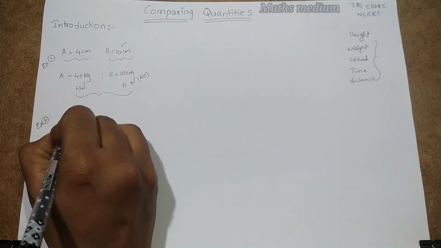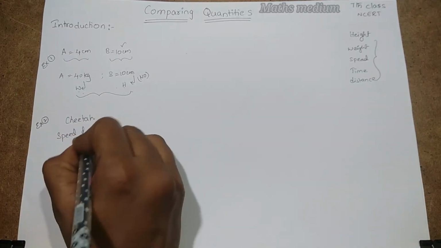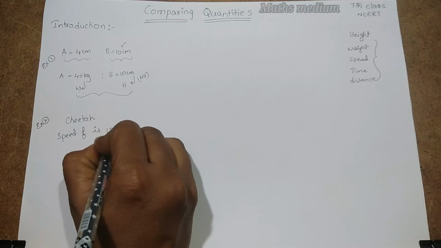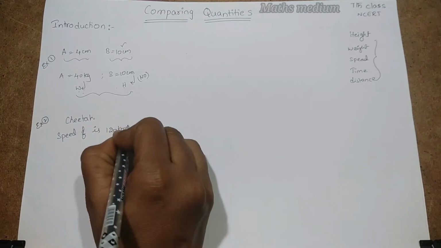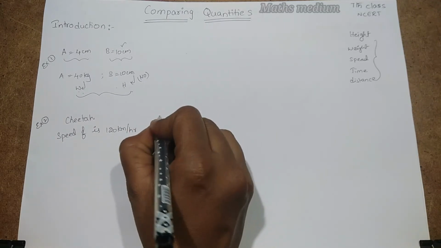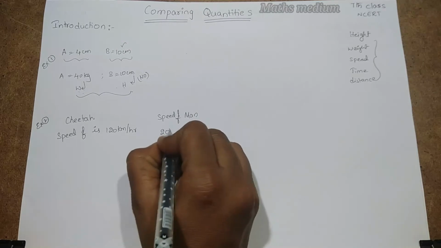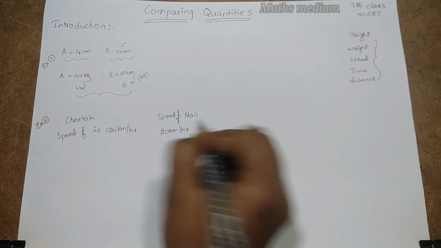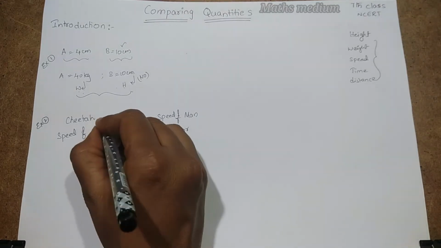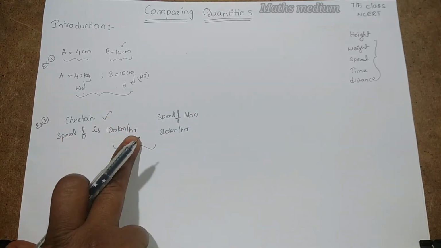You know the cheetah, right? For example, the speed of the cheetah is 120 kilometer per hour. If you compare this with the speed of the man, it is 20 kilometer per hour. Then you can say, see, the cheetah has the highest speed per hour, right?